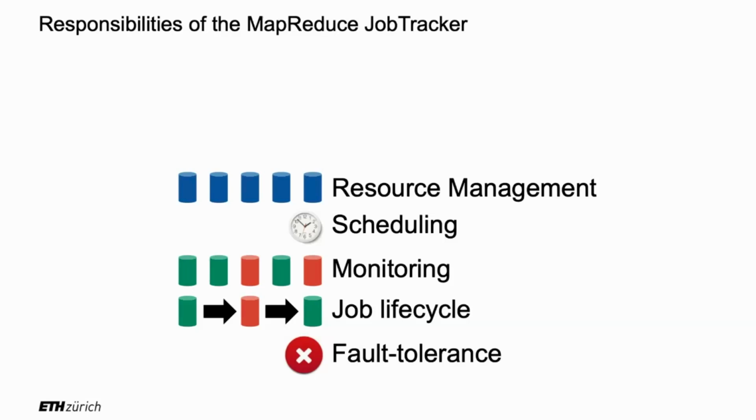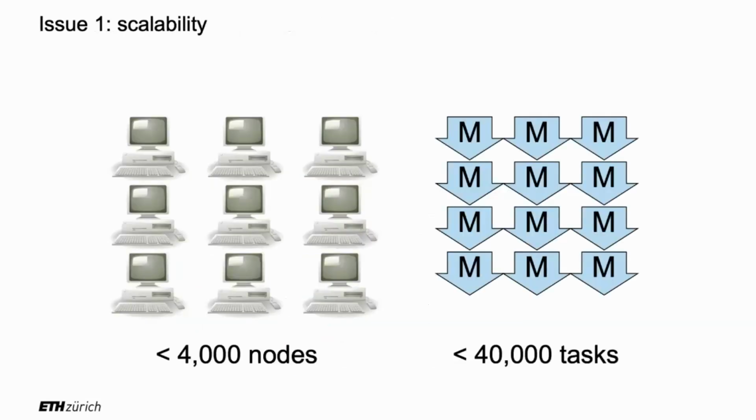By the way, if a reduce task crashes, that is more problematic because then you might need to recompute things. So in the worst case, you have to start the job all over again from the beginning. But anyway, the job tracker has to worry about all of that. It also has to take care of the life cycle of the job, so the orchestration of map, shuffle, reduce, and so on, and the fault tolerance. So that's a lot of things for a single process to do.